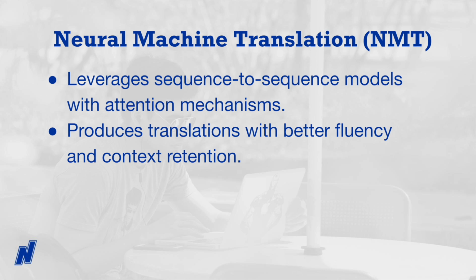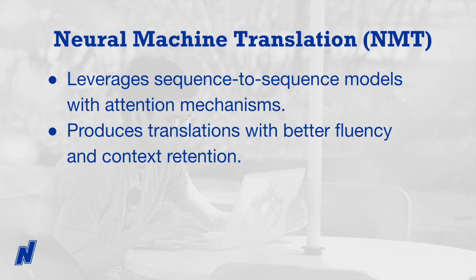Attention enables the model to focus on relevant parts of the input sentence during translation. For example, while translating "the house is big" to French, the model learns to focus on "house" when generating "maison" and on "big" when generating "grande." The results are significantly better than SMT, especially for complex sentences or languages with different grammatical structures.